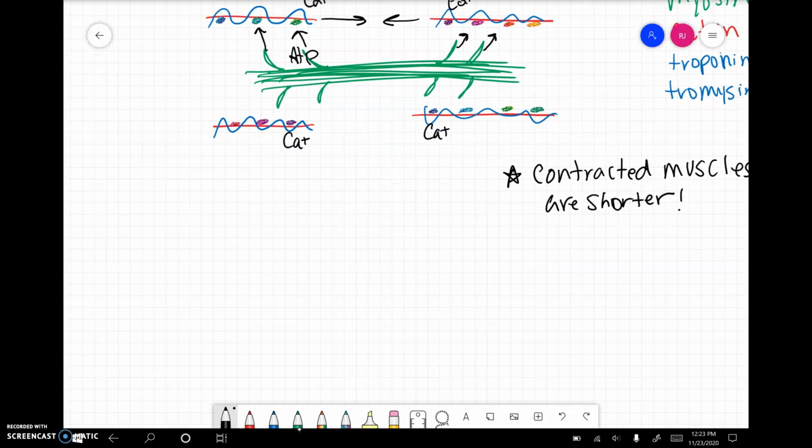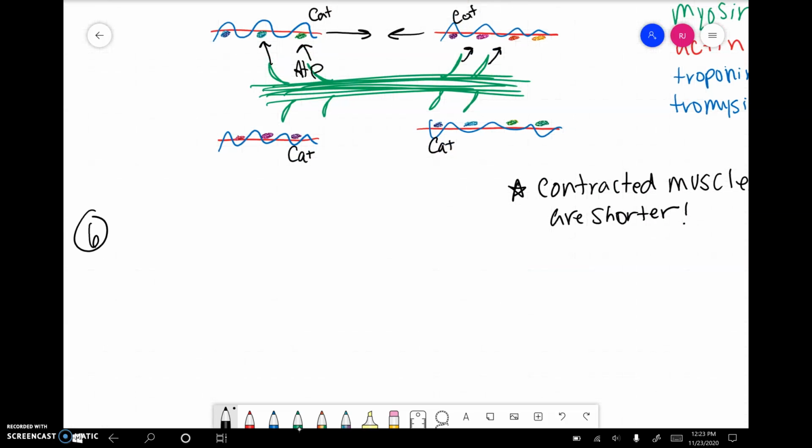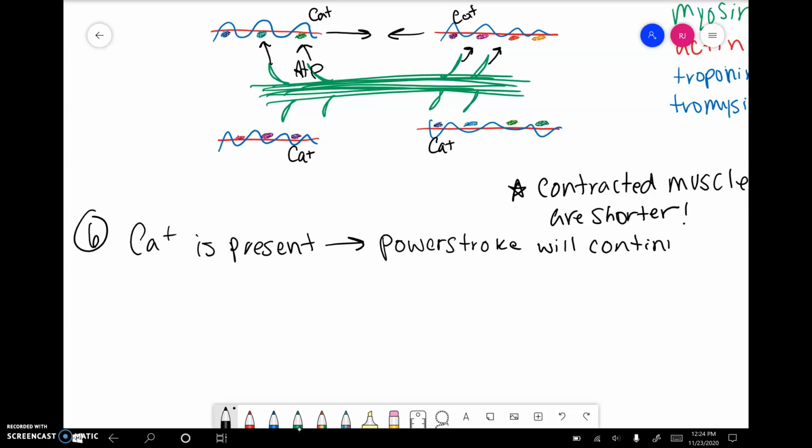So then our final step here, our step 6, is going to be when calcium is present. This attachment, so the power stroke, will continue until the muscle is fully contracted.